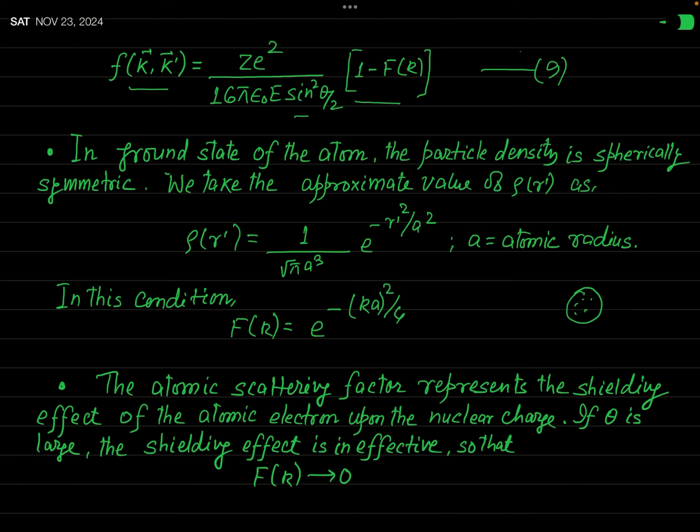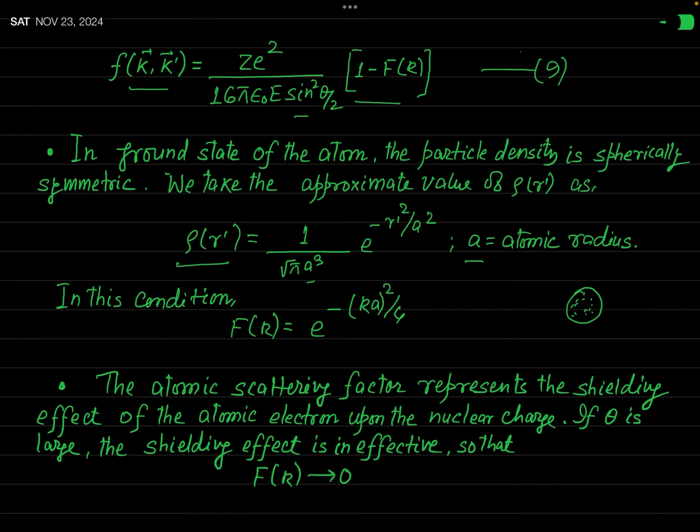And in this condition, you can use the result of the hydrogen atom for getting the value of charge density. So if you consider that the charge distribution of an atom is spherically symmetric, then in accordance with Bohr's theory of hydrogen atom, rho of r dash is given by this result: 1 over square root of pi times a cube, e to the power minus r dash square over a square.